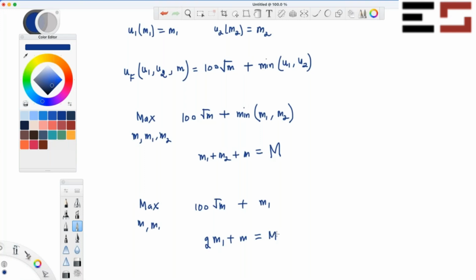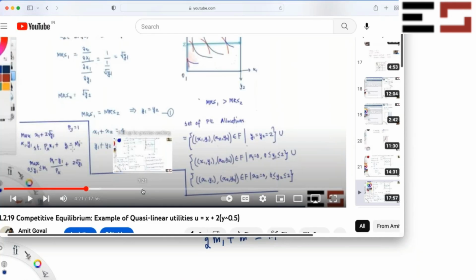So you can just solve this problem. This is a standard quasi-linear case. I think I must have solved this on YouTube also. This is L2.19. I give you 15 minutes. Watch this video, solve this problem properly.